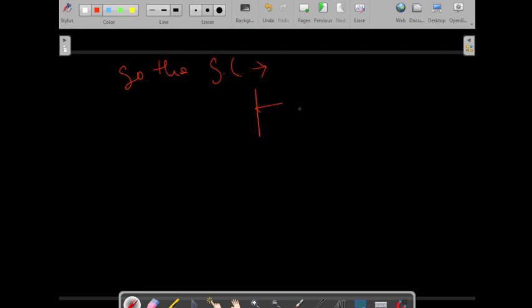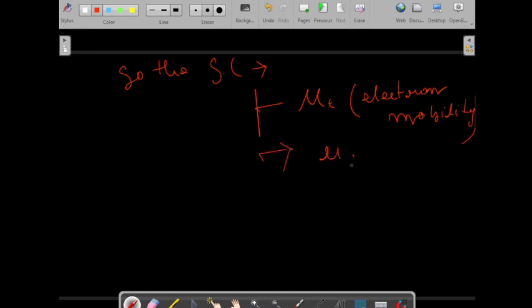One is electron mobility, denoted by mu n, and the second one is hole mobility, denoted by mu p.